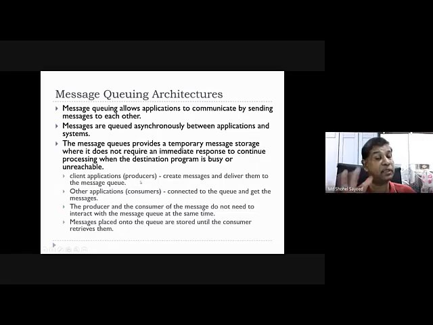So the producer sends the message, it goes to the message queue, and later on the consumers will get the message from the queue. The producer and the consumers of the message do not need to interact with the message queue at the same time. Messages placed on the queue are stored until the consumer retrieves them.